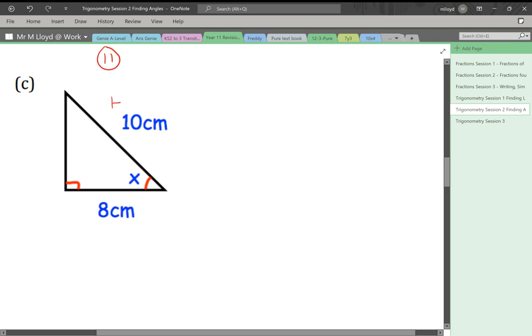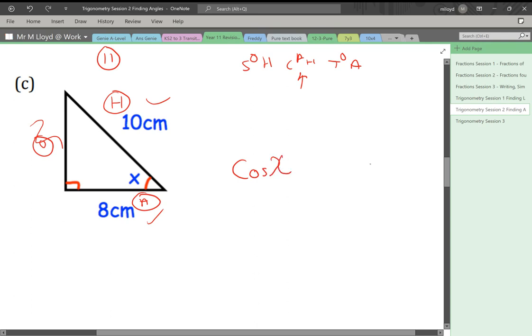Okay, so we've got the hypotenuse there, opposite, and then the adjacent. A and H being used. So SOH CAH TOA. We've got nothing on O, so we're going to use CAH because that has got nothing involving O. A at the top, H bottom right.